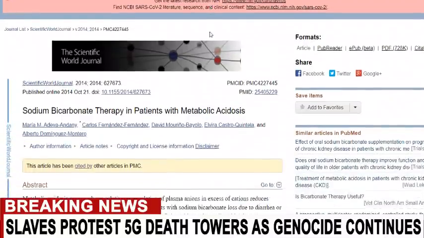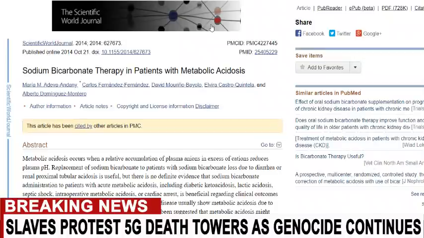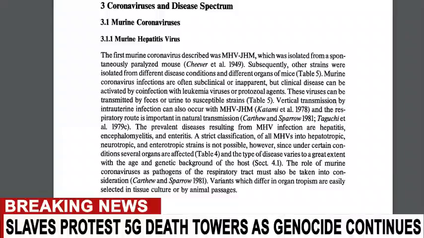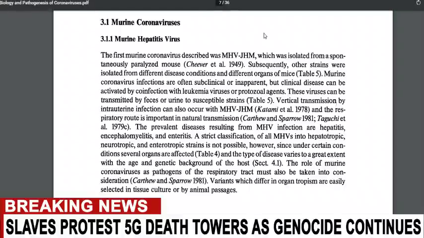And we're going to be getting into all of this sodium bicarbonate therapy in patients with metabolic acidosis. But these are terms that you should essentially familiarize yourself with. We're also going to be talking about coronavirus disease spectrum, what does it do beyond pneumonia? You need to know. So stay tuned.